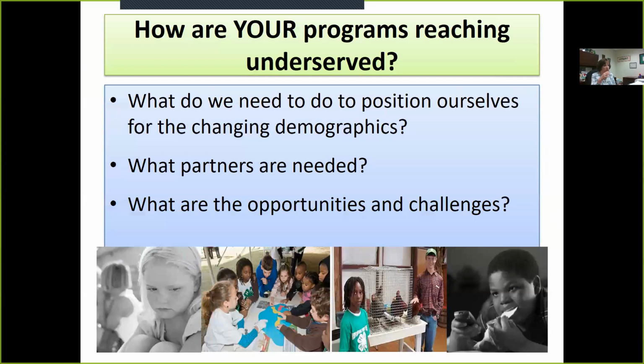And then the growth projections: they expect that the white population is going to decrease by nearly 21 million people by 2060.